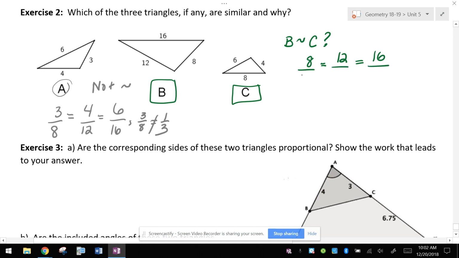And for C, 4, 8, nope, 4, 6, 8, pardon me. 8 divided by 4, 12 divided by 6, 16 divided by 8. Those are all equal. They all equal 2. So yes, B is similar to C by side-side-side similarity. Ta-da!